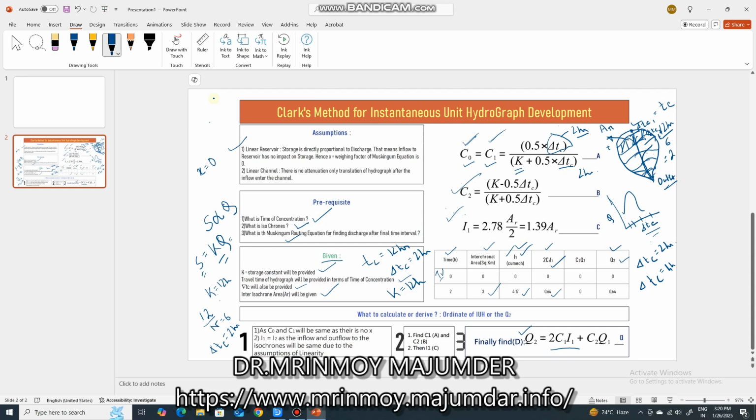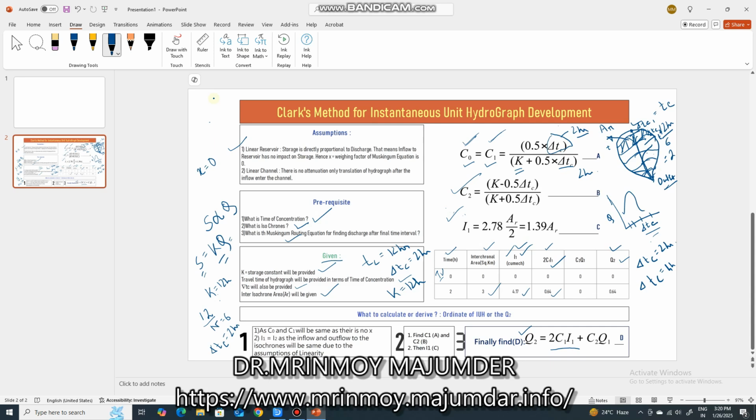Now the discharge will take place. So C2 Q1 becomes 0 and only 0.64 remains. So Q2 becomes 0.64. So you can understand how we have calculated Q2.